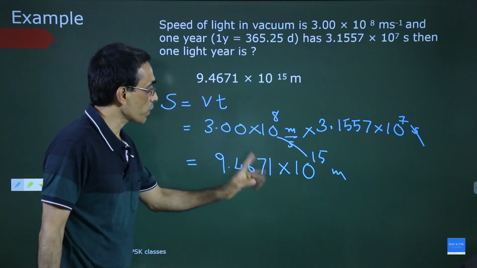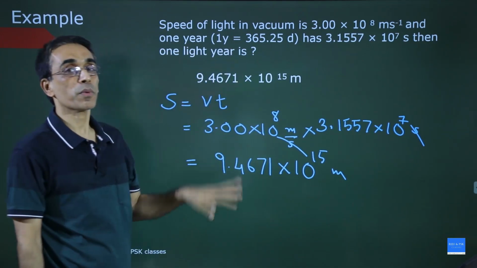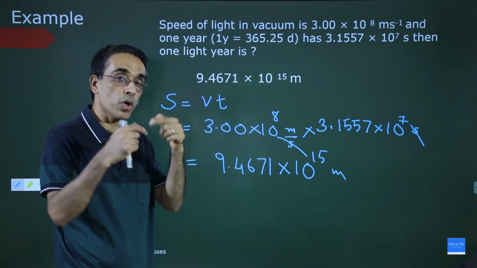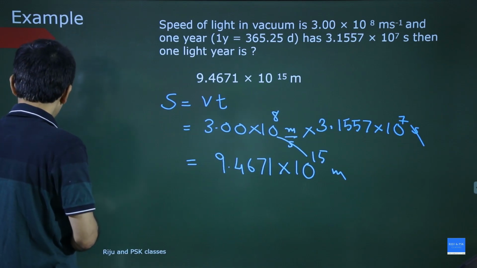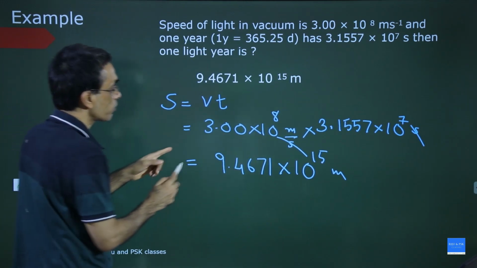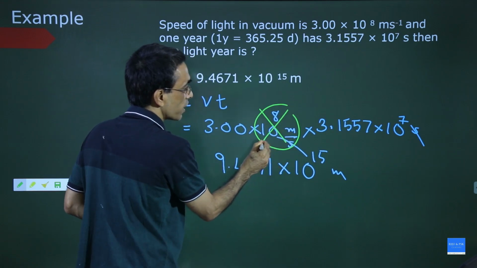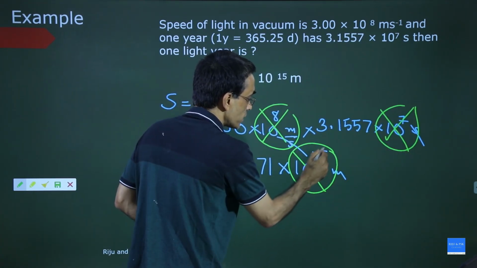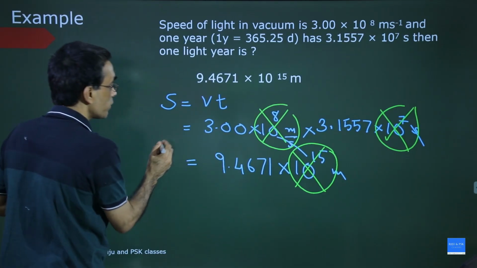Okay, 9.4671. But now see, this is a multiplication process. In a multiplication process, the answer should have the lowest number of significant places. So see, what about the first number? How many significant places here? You don't have to consider the exponential parts.